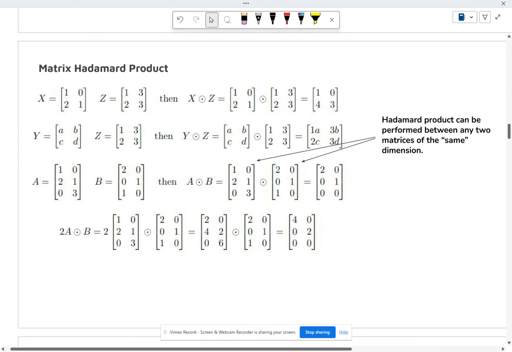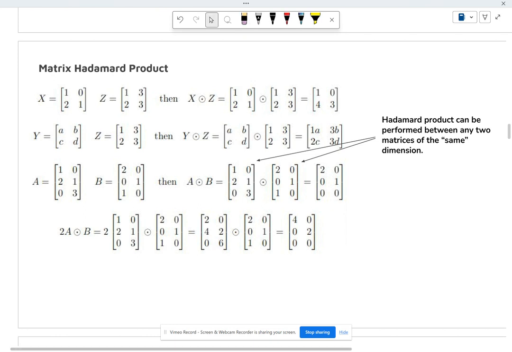We also remember the Hadamard product. For the Hadamard product, we have exactly the same symbol for the matrix as well. When you're dealing with the Hadamard product, you just match up the elements, the first top left with the first top left, and then you multiply them.